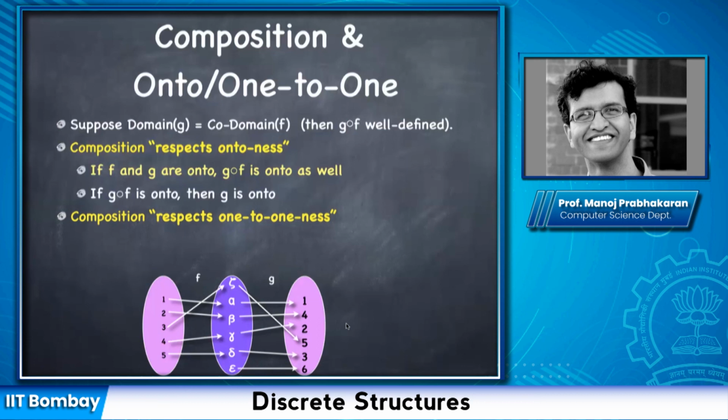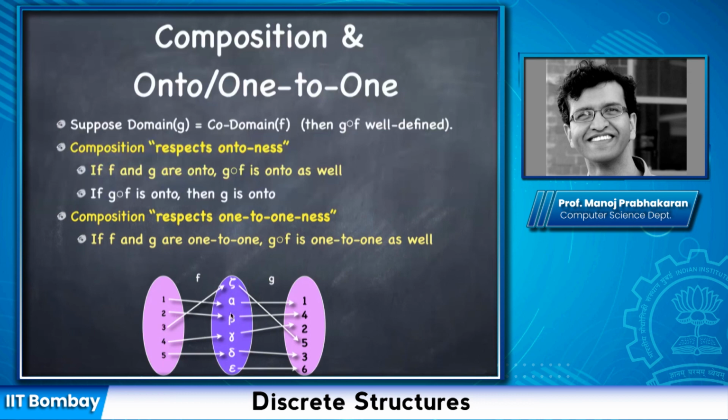And now if f and g are both one-to-one, I claim that g of f is one-to-one as well. So why is that? If two elements were to map to the same element here, so I take two distinct elements here. Since f is one-to-one, I know that they will map to distinct elements here.